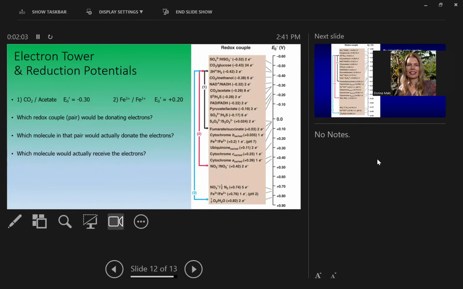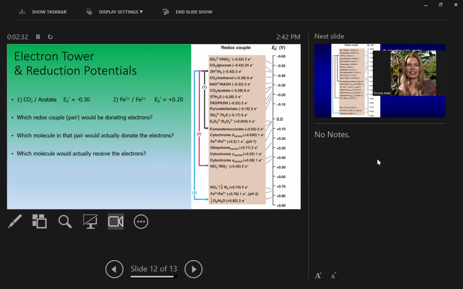So what's going on here? We have the carbon dioxide acetate pair at a negative 0.3 reduction potential. The ferric and ferrous pair is at a positive 0.2. Which pair would be the one that has to be donating electrons? Someone in that pair donates. Which one or two?